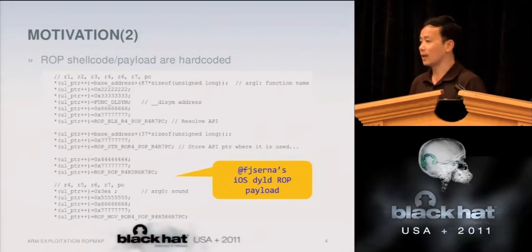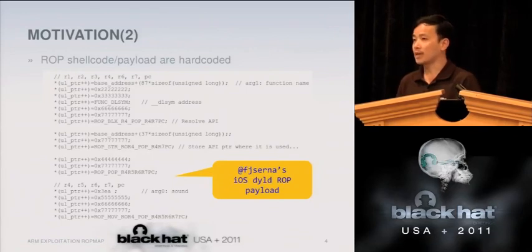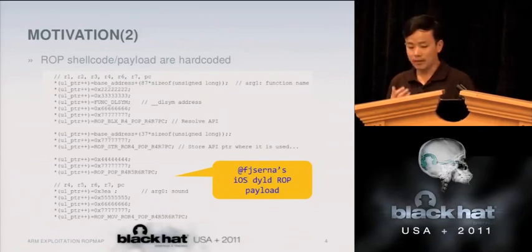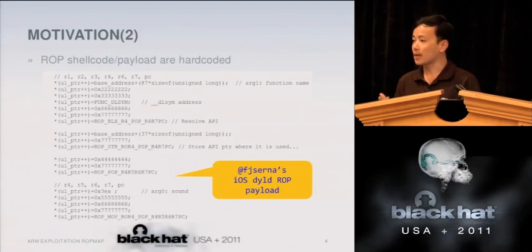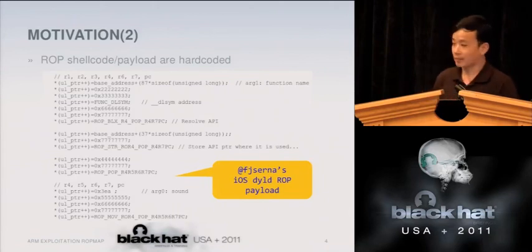It's write once and use once, because it depends on the module and the library. So when you upgrade the library to a newer version, you cannot reuse the old shellcode. So we actually need a way to write ROP shellcode in an easy, portable, and maintainable manner.